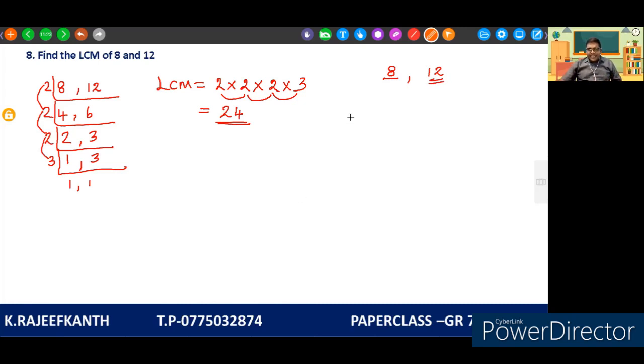So first we take the first multiple of 12, that is 12. Here we can't divide this 12 by 8, right? So then we take the second multiple of 12, that is 24. Here we can divide this 24 by 8 and also 12. So then 24 is the LCM.